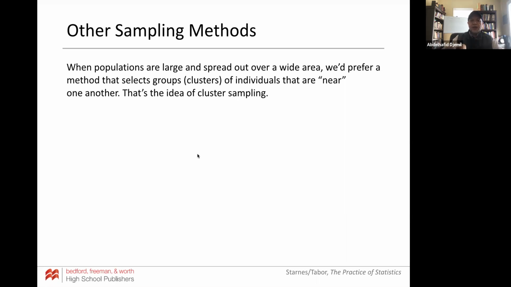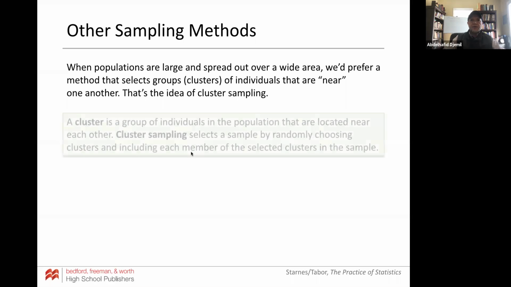Or we put the numbers in a hat and we choose one of the classes. Once the class is selected, we're going to use the census for that class, and that is called cluster sampling. So cluster sampling is taking a stratum from the strata, and we use the census with that stratum to get our survey results.